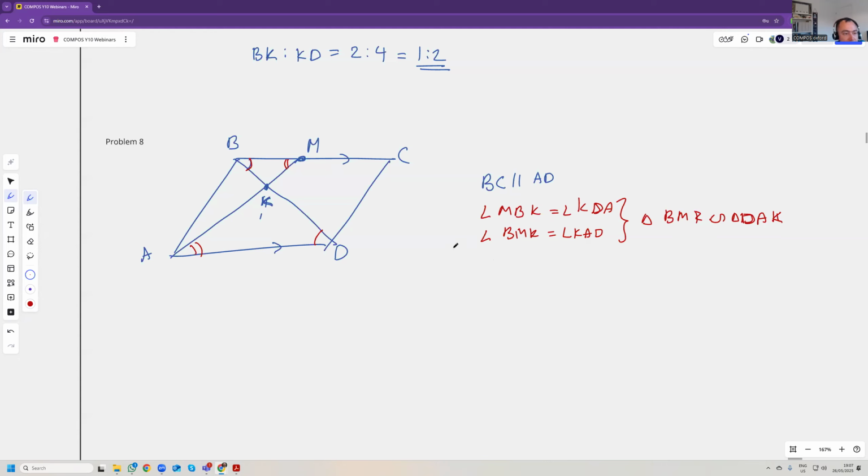But BM to AD is 1 to 2 because M is the midpoint, so these two sides are equal. So BM to AD is 1 to 2, and therefore BK to KD is also 1 to 2. Much simpler solution. Sorry.